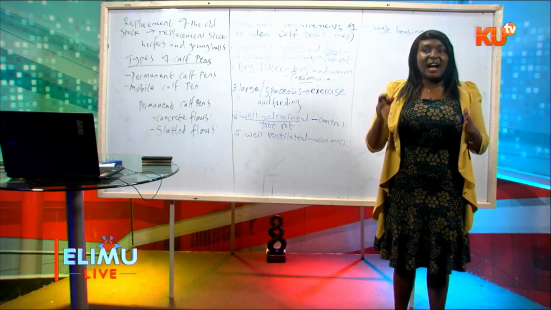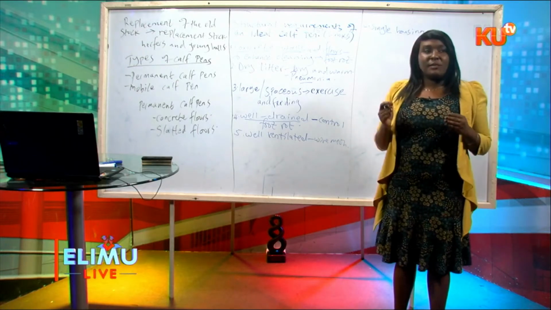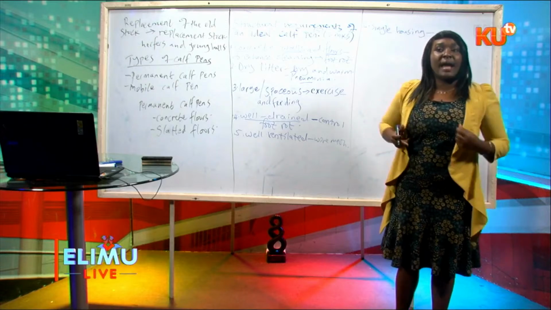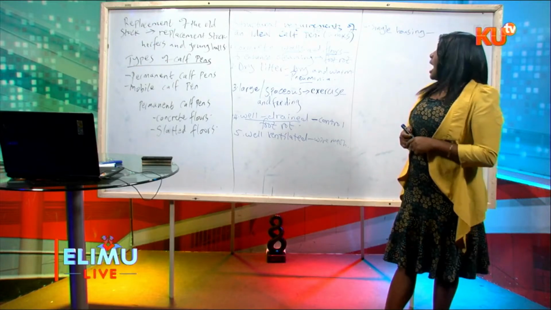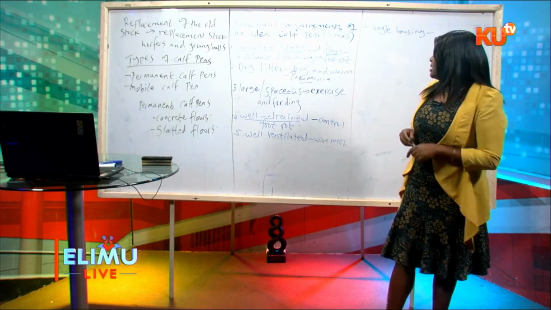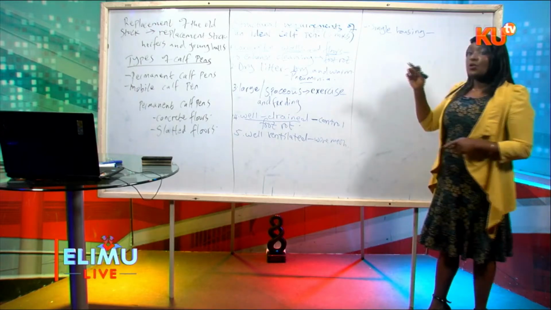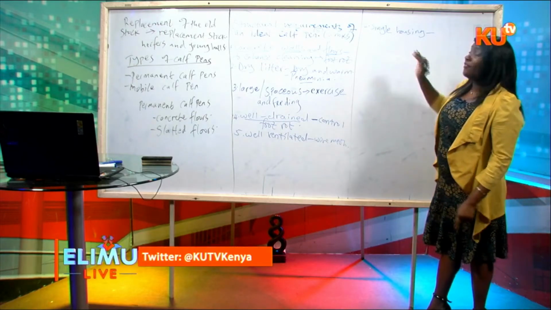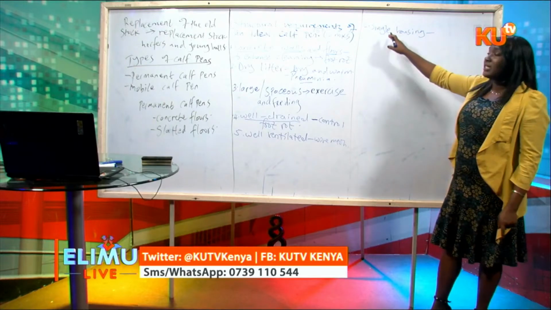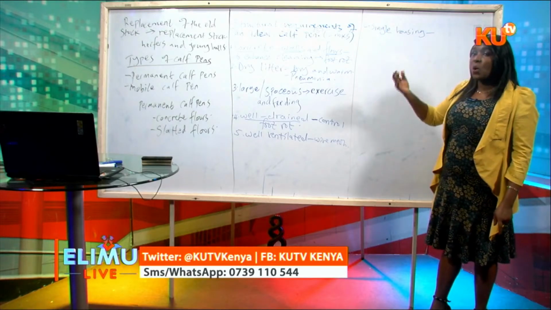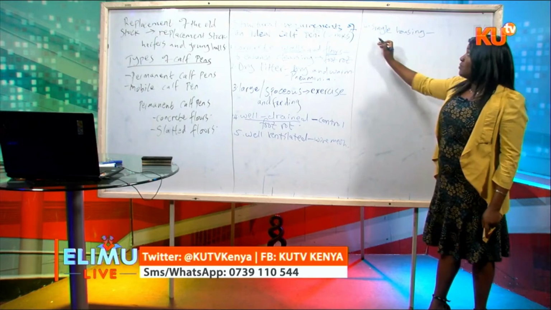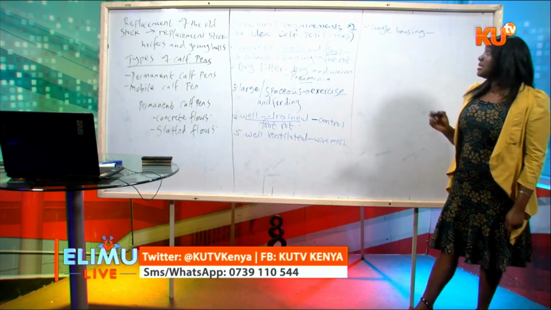You handle the calf individually. So that means as a farmer, you will have to go an extra mile in terms of investment, dig deep into your pocket, and construct 2 separate calf pens, because we want every calf to be in its own calf pen. So that brings the aspect of single housing.